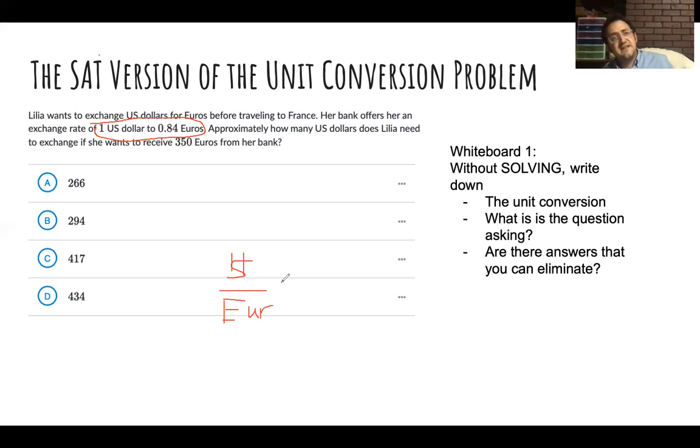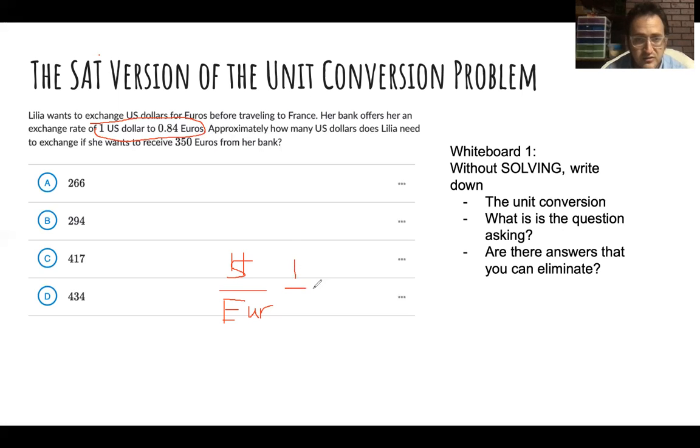So what that means is we may want to think about whether we need more dollars than 350 to get 350 euros. And if you answer that question, then you could actually do a little process of elimination. But the sure, straightforward way is to actually just set up a proportion.